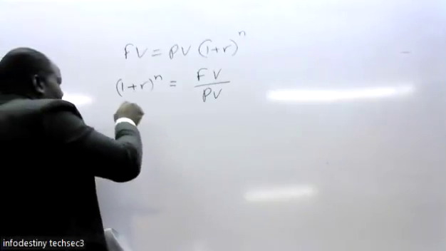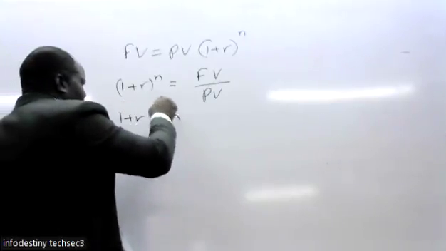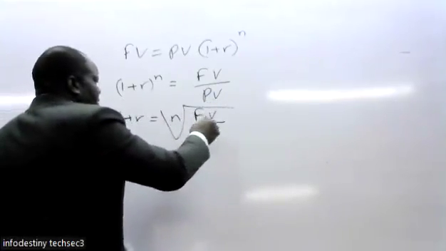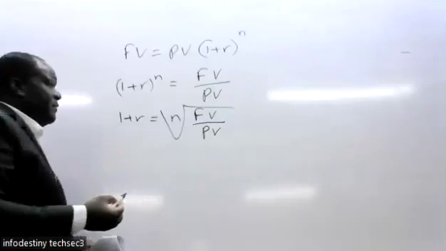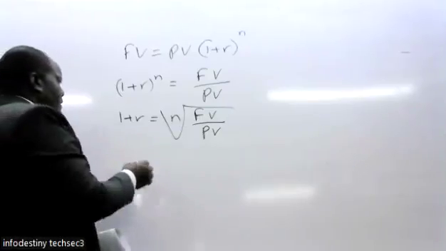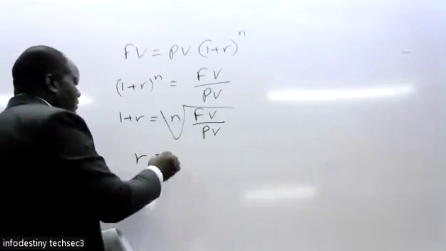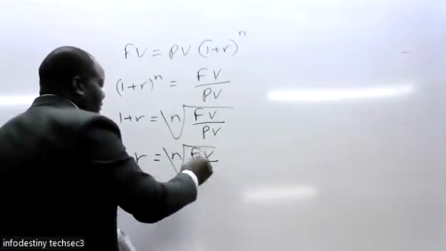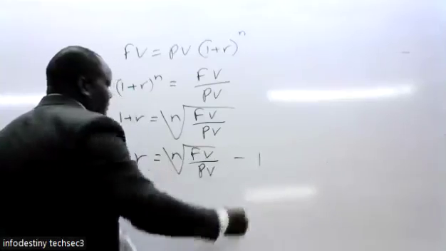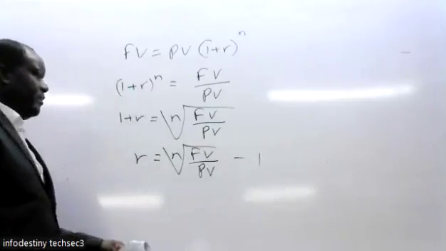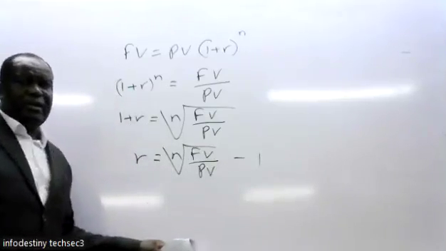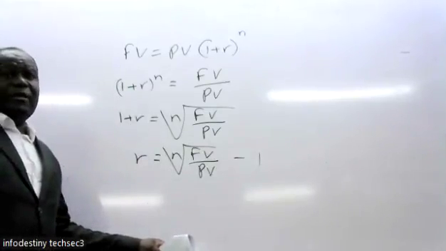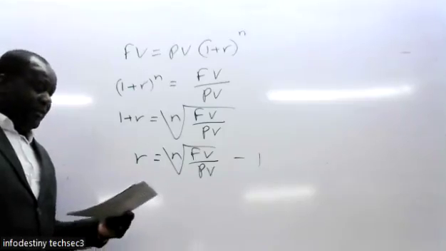And also 1 plus R will be the nth root of future value divided by the present value. Then finally, R will simply be the nth root of future value divided by the present value, and we subtract 1. So R is now what will be our depreciation rate.